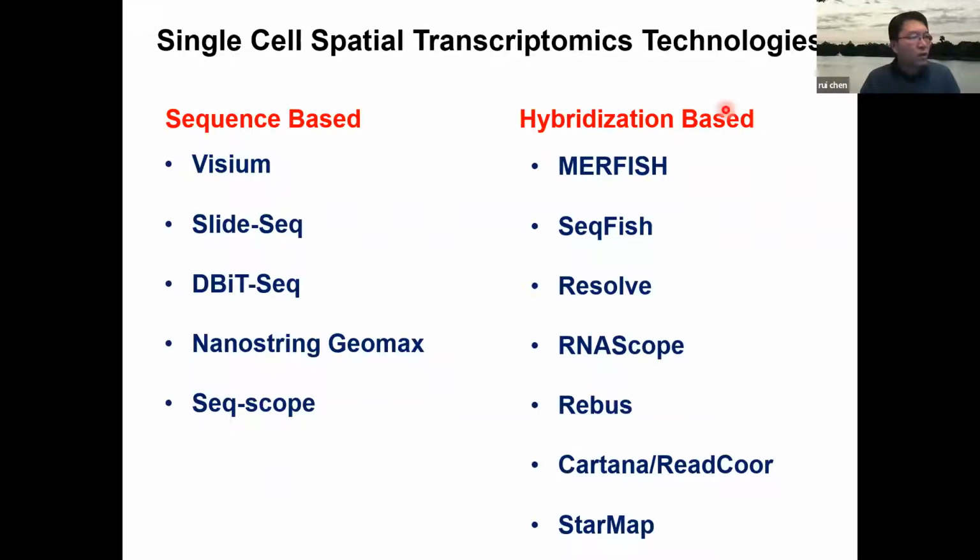In contrast, there are also hybridization-based methods, developed from in situ RNA hybridization, for example MERFISH and seqFISH, and also a set of other companies which are popping out every month.